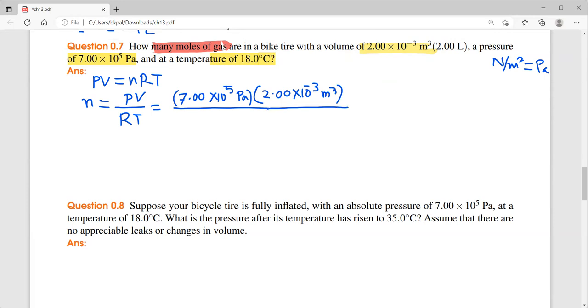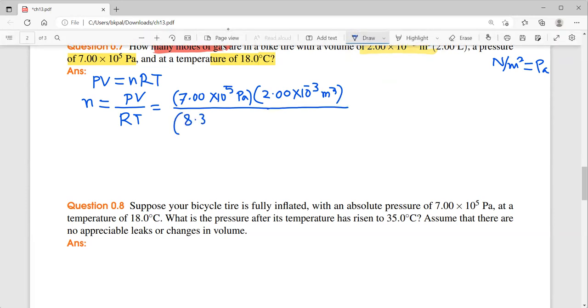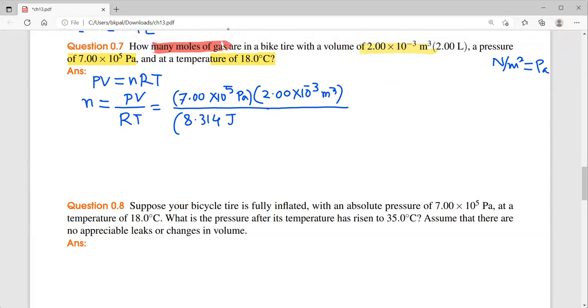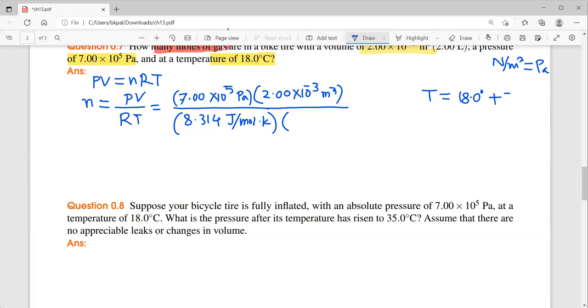R is this one. But T here, we have to be careful. It's given in degrees Celsius. Because it is T in the equation, we have to convert it into Kelvin. So how to convert it into Kelvin? Plus 273.